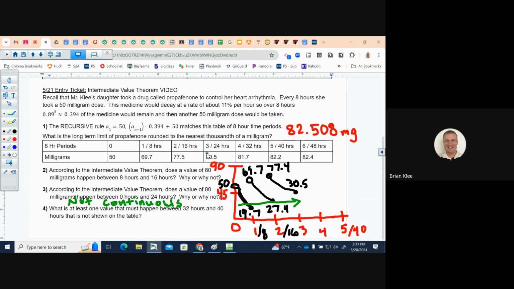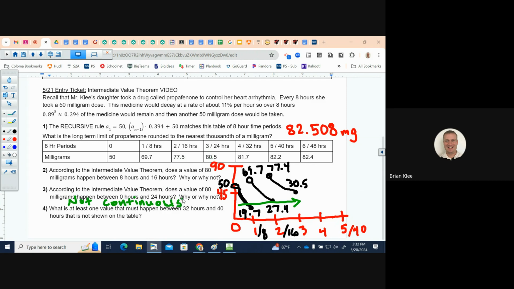And actually, a value of 80 is never really going to happen. If I go with unrounded numbers on my calculator real quick, we are going to get the numbers in the table. 80 is not going to actually happen.